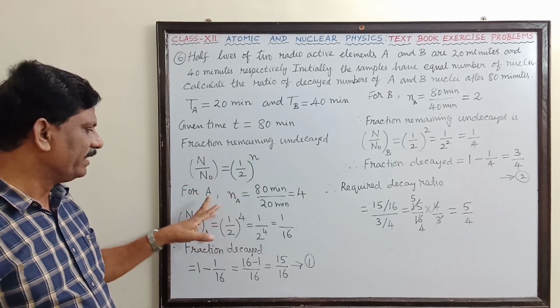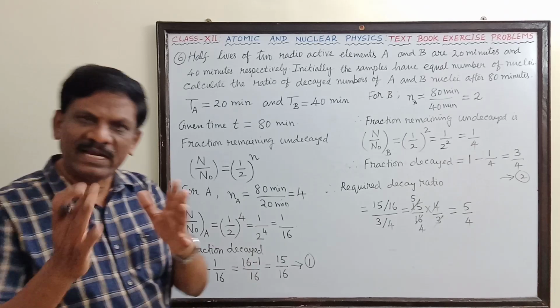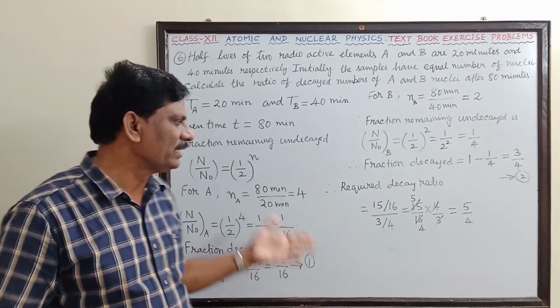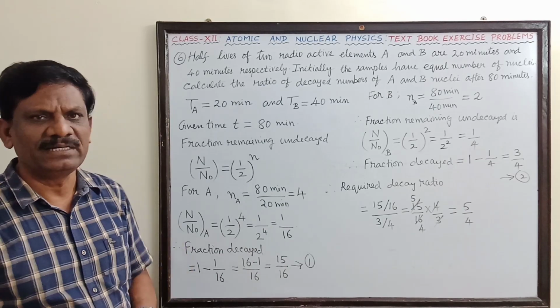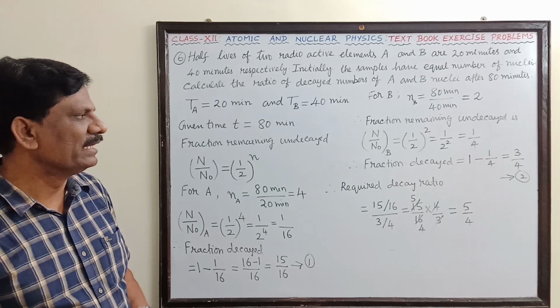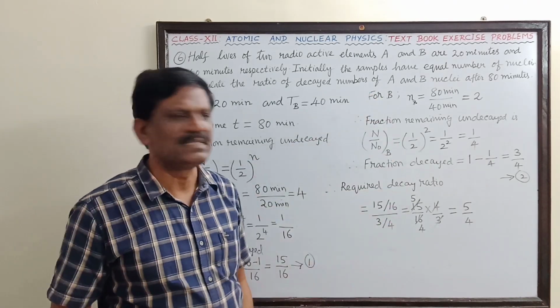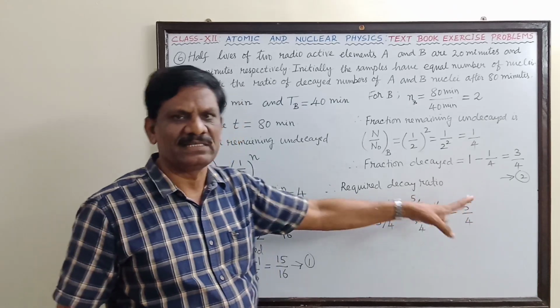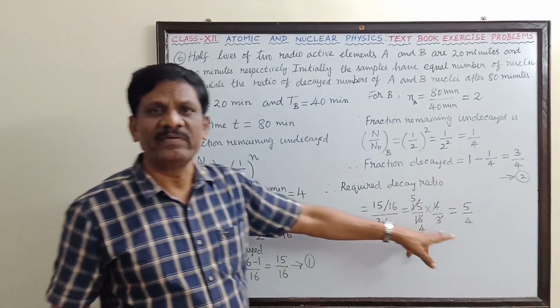So find out the value of n. First find the amount remaining undecayed and then 1 minus this will give you the ratio decayed. That is to be carefully understood and done systematically for both the elements. And finally, if you divide these two ratios, that will be the final answer, 5 by 4. I hope you must have understood well. Fine.